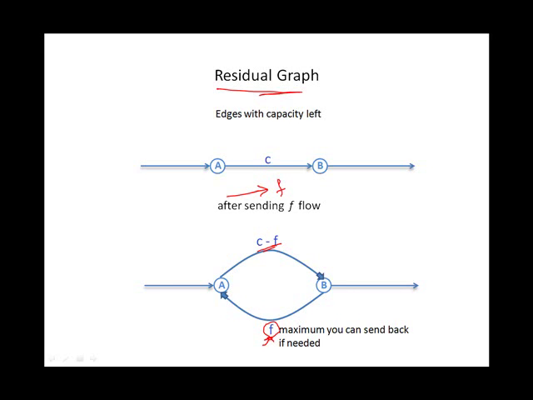If you were to send some flow back, the maximum you can send back is nothing but F.